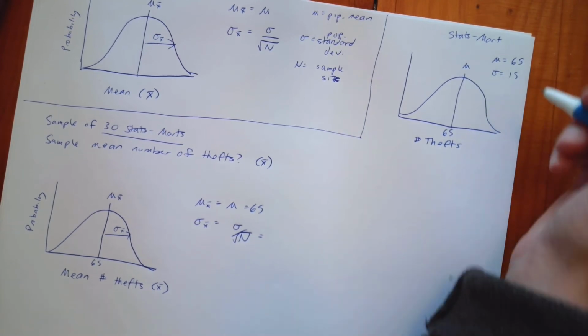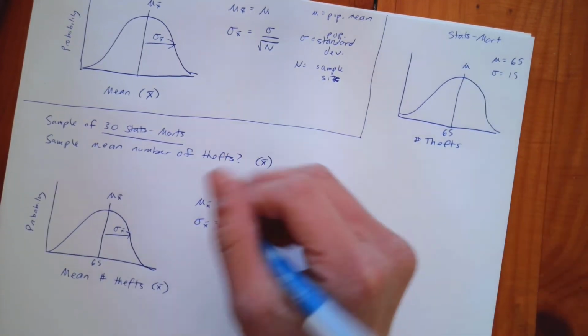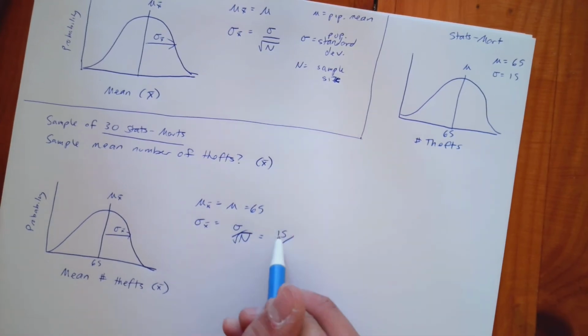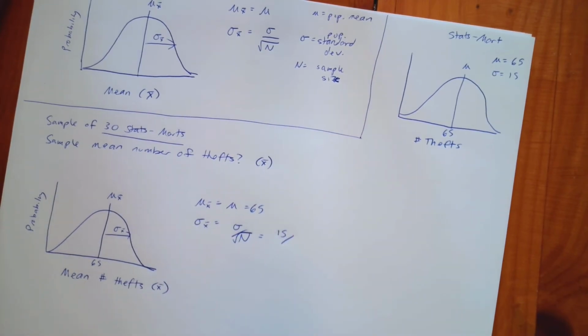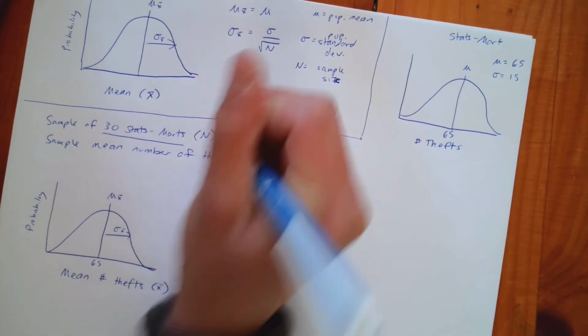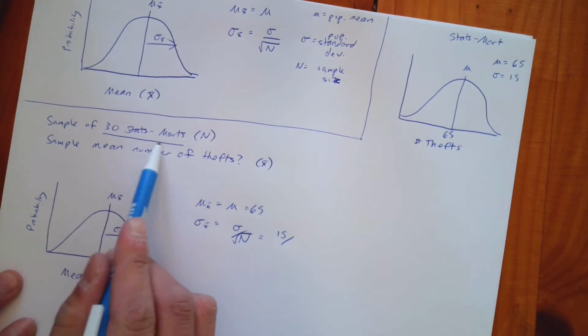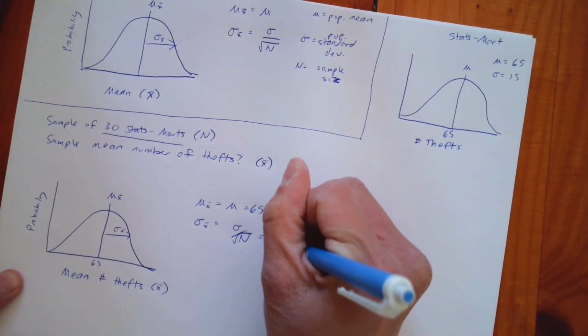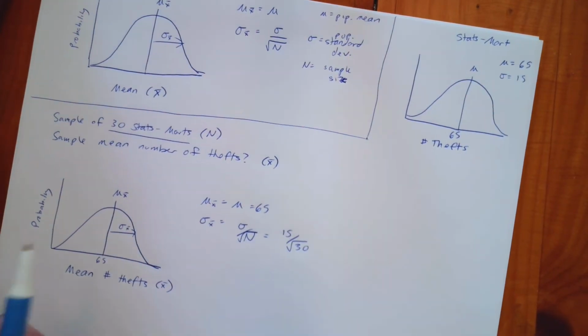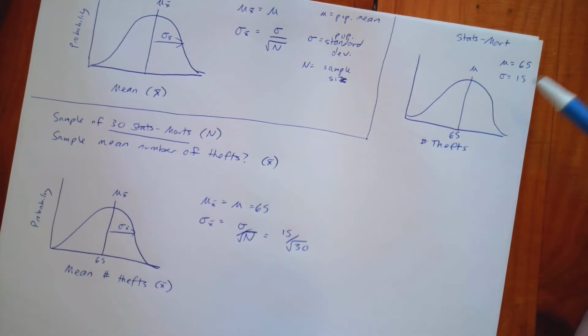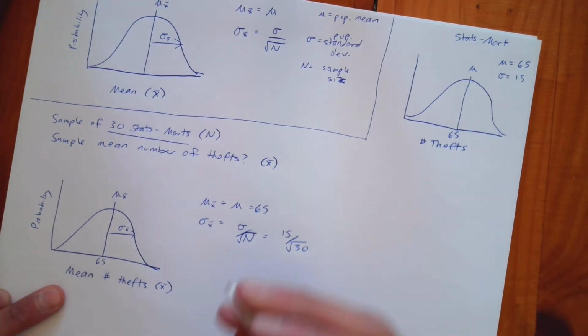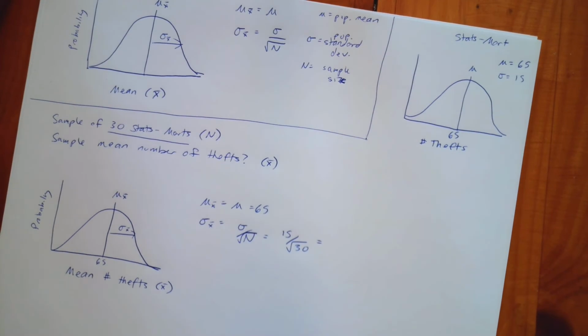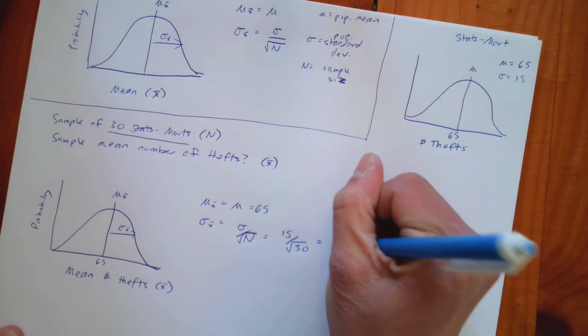We see that our standard deviation is 15, so we'll plug in 15 for sigma here. And our sample size is given in this part of the problem, and it's 30. So with a sample of 30 stat smarts and a population standard deviation of 15, we can calculate the standard error for our sampling distribution. If we do this, it's going to come out to 2.74.